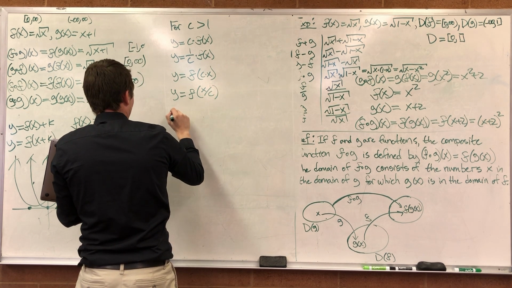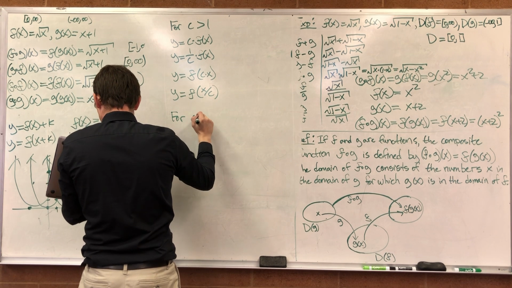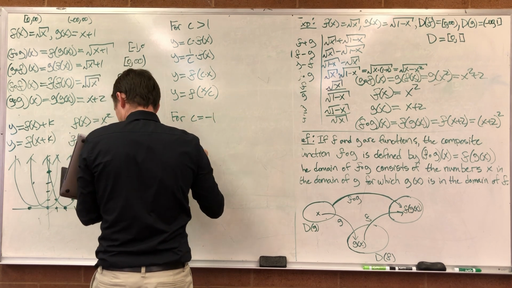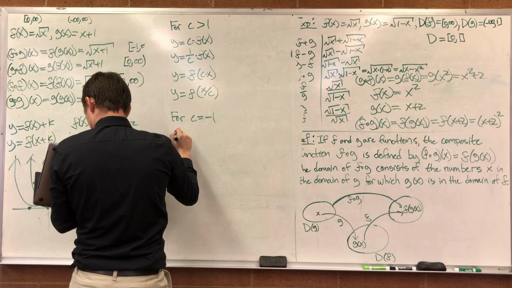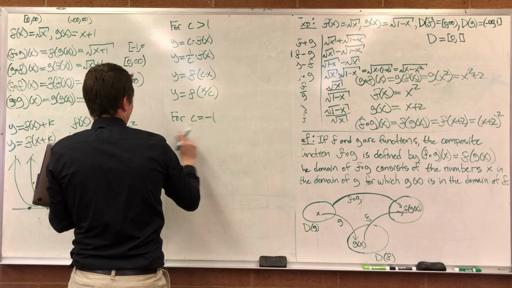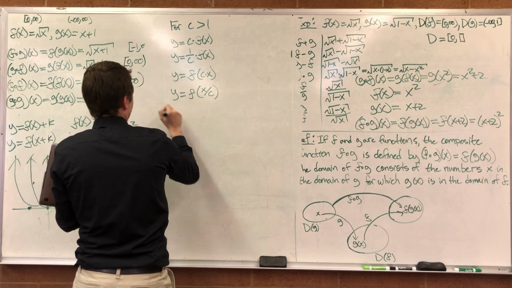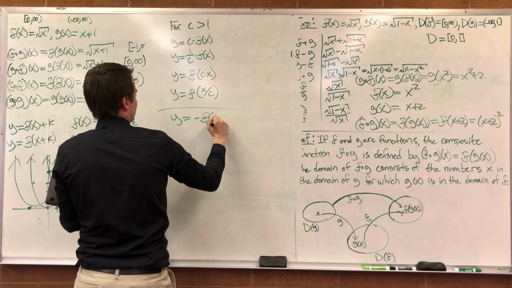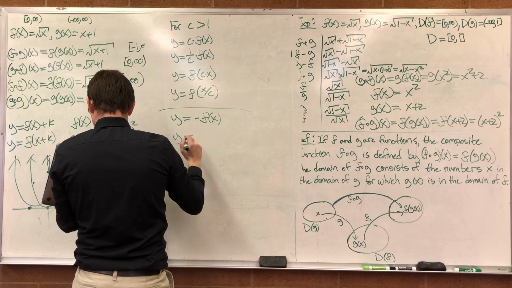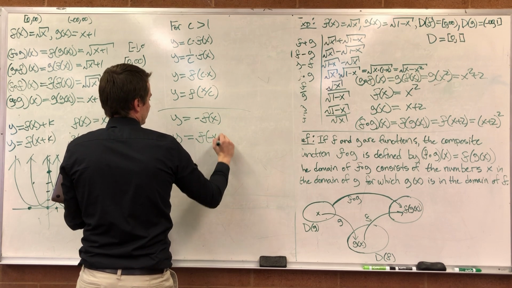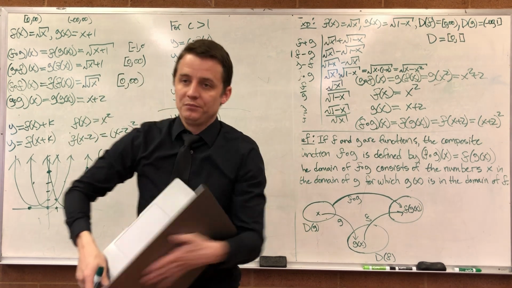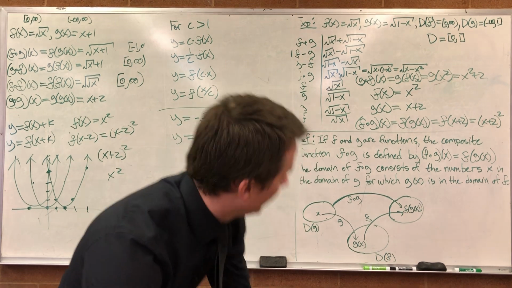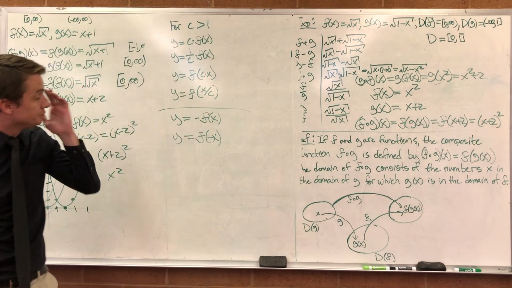And then we have for c equal to negative 1, I don't know why we specify that, two special cases where we ignore the c now. We're going to look at y equals negative f of x and y equals f of negative x, and see what all these do. Okay, so we want to get intuition for what these things do to a function in general.